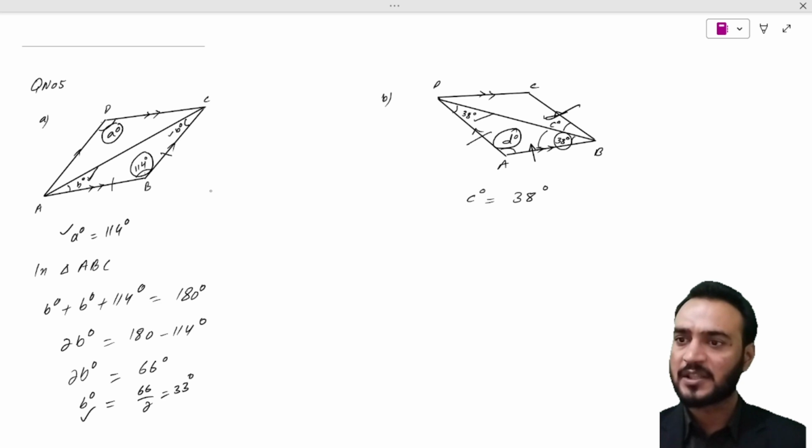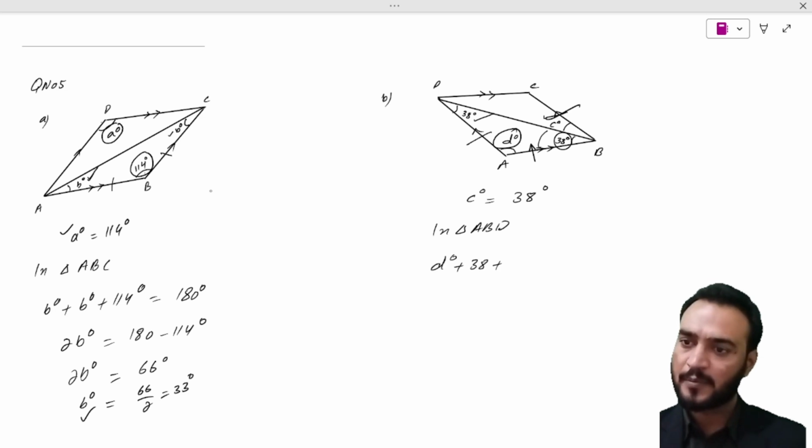Now we will consider triangle ABD. In triangle ABD, we have the three interior angles, that is d degree, 38 and 38. So d degree plus 38 plus 38 is equal to 180 degrees.